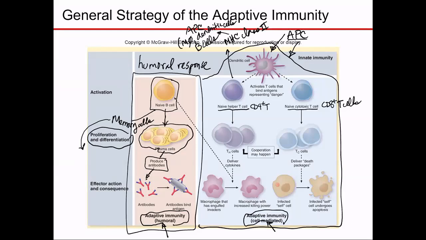In the case of CD8 positive T cells, cytotoxic T cells, the antigen presentation to these cells will occur through a different molecule, through the MHC class I that is expressed by every cell that has a nucleus. There is one particular cell in our body that doesn't have a nucleus, and that's mature red blood cells.